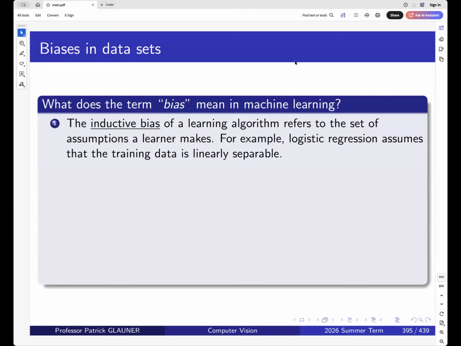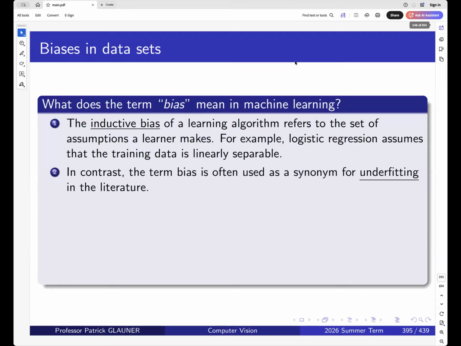For example, if you use logistic regression, you would assume that the training data is linearly separable. Or if you use linear regression, we would assume these linear relationships in the data. Or if we use some Bayesian model, we would make other assumptions about the probabilities. So a machine learning model always makes some underlying assumptions, and that's often called the inductive bias.